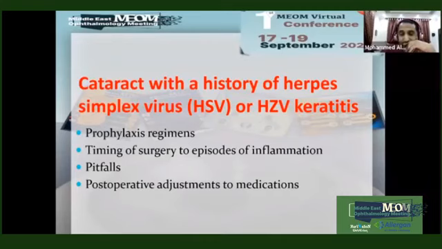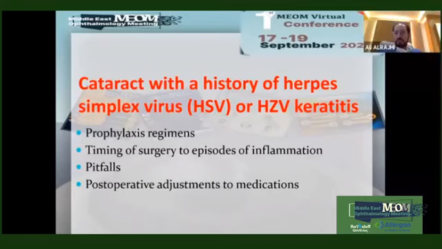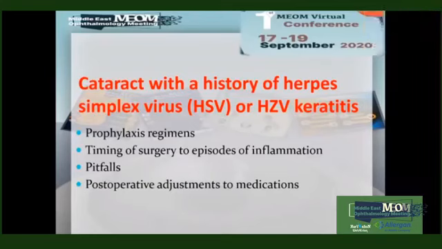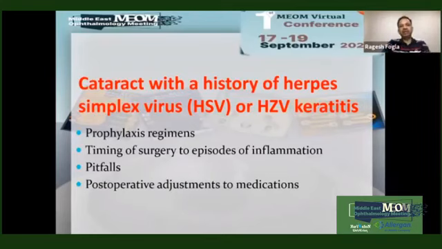Any other suggestion or any other experience, Dr. Fogla? Maybe I can hear Dr. Fogla here. I agree with most of the points that have been made. You have to differentiate between doing a corneal transplant in an eye with prior herpetic disease versus doing cataract surgery. A cataract surgery does not involve prolonged use of steroids as well. But if I do have a patient with a prior history of herpetic eye disease, I want the eye to be quiet at least for 3 to 6 months prior to doing the cataract surgery.